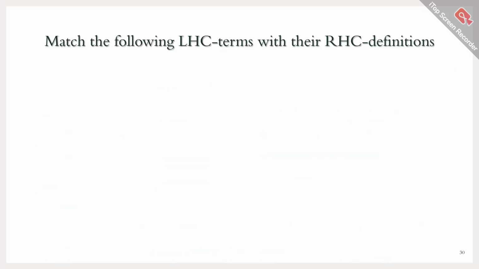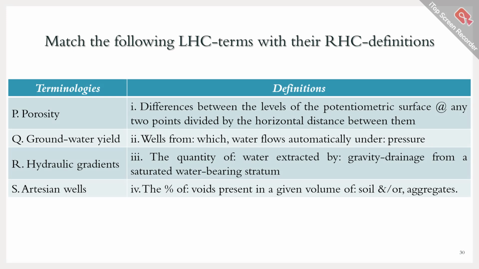Now our next is column matching. You have to match the following left hand column terminologies with their right hand column definitions. The terminologies are P, Q, R, S: porosity, groundwater yield, hydraulic gradient, and artesian wells. The definitions are given in the right hand column, so you have to match them properly. Keep the left hand column PQRS the same and tell me the correct order of the right hand side.